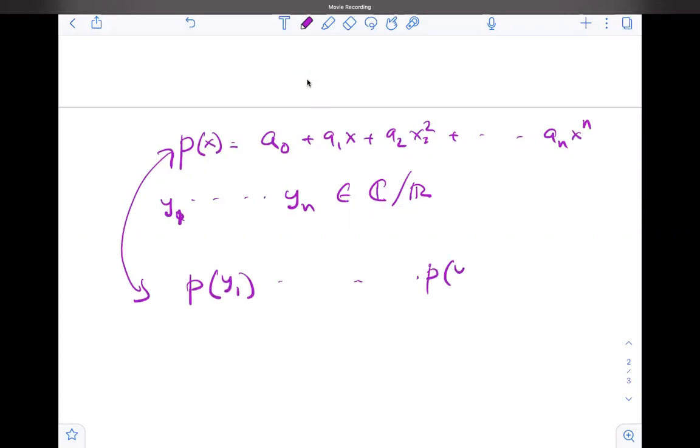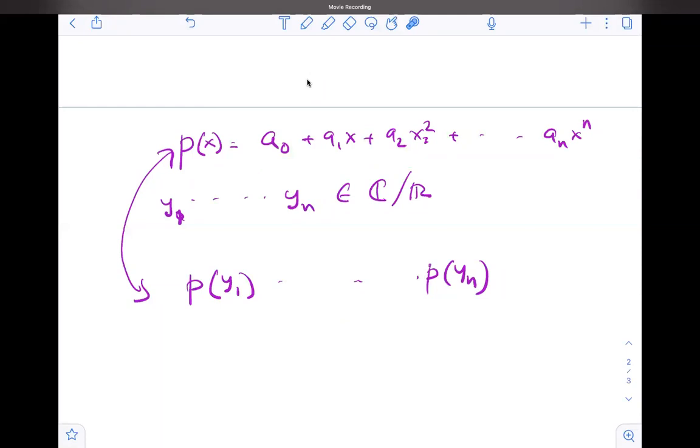This is also equivalent. Instead of giving you P of x as the coefficients, if I give you the evaluation of the polynomial at n places, then also I can specify a unique polynomial.